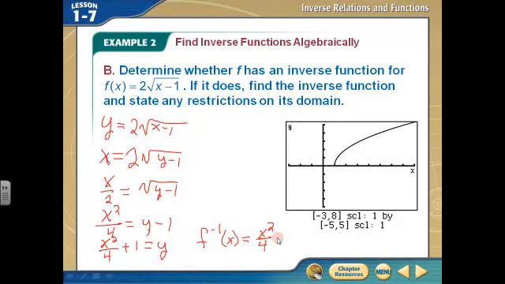Now, again, we're going to state any restrictions on the new domain. So when I'm looking at the new domain, I have to look at the old range. The only restriction is that the range for this function was from 0, and it could be equal to 0, so that's a bracket, to infinity.